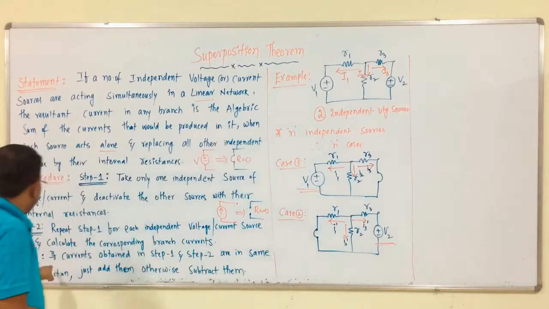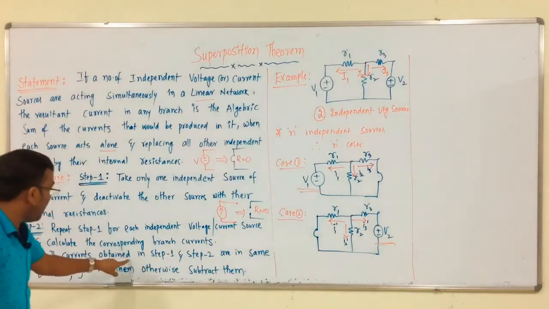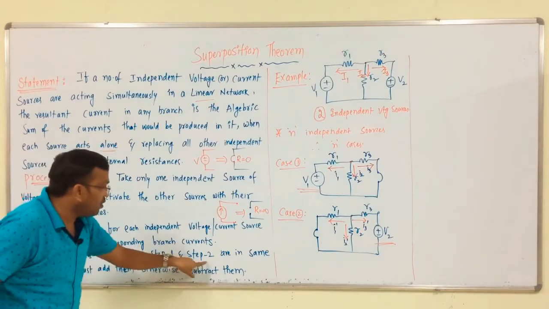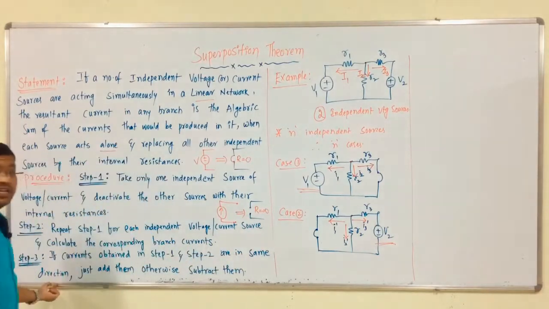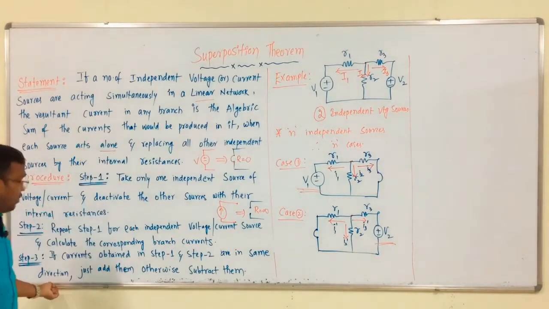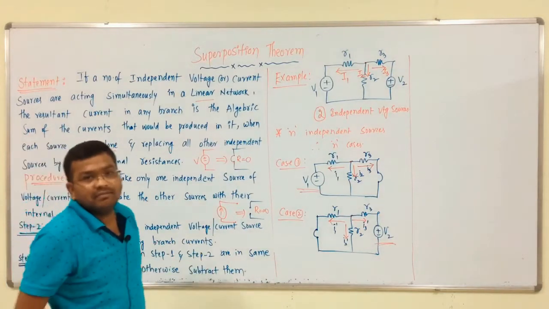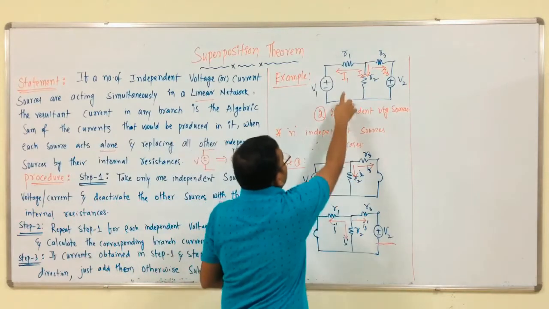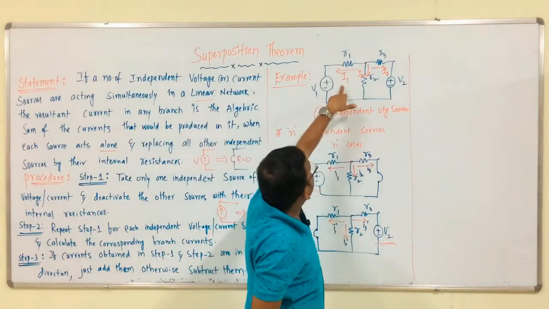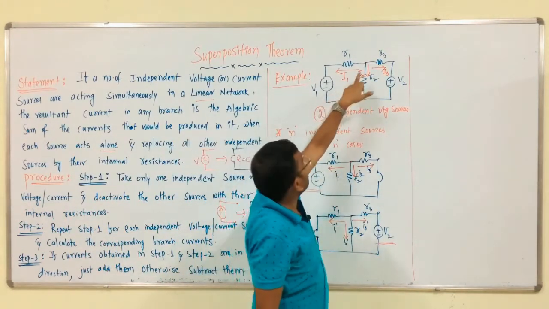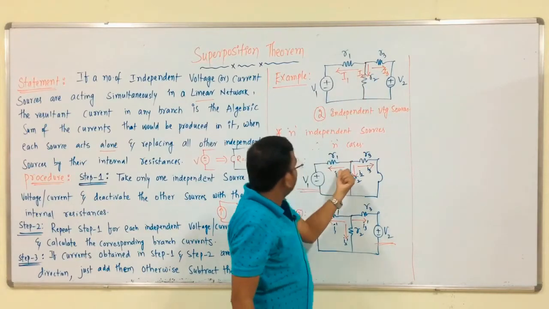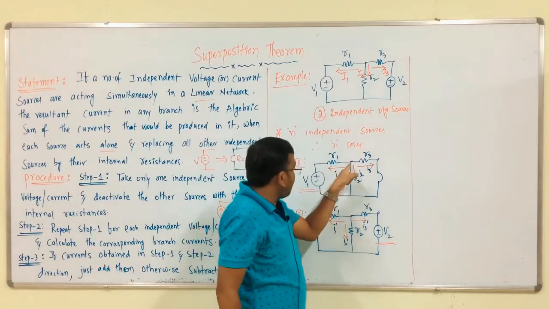Later, step 3, if currents obtained in step 1 and step 2 are in the same direction as that of the main circuit, just add them, otherwise subtract them. Means, here our assumption is what? The main current I1 is away from this node, no? This small I1 is away from this node.